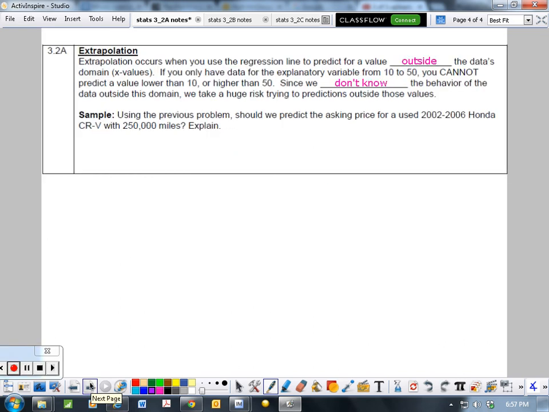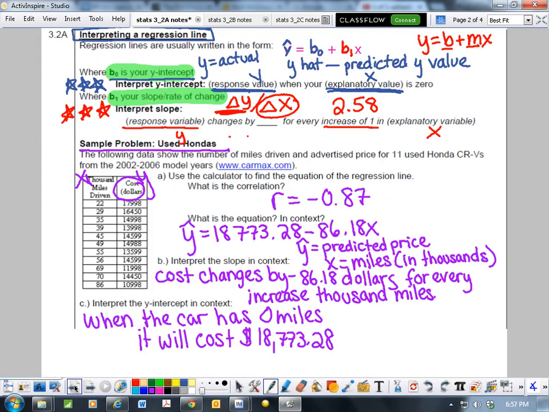Okay, extrapolation. Big, very, very important idea. I don't know how many stars I can write around this. Extrapolation occurs when you use the regression line to predict for a value outside of your data's domain. When you're looking at our original table, our domain is our x values. If I predict any lower than 22,000 miles or any higher than 86,000 miles, I'm doing what we call extrapolation.